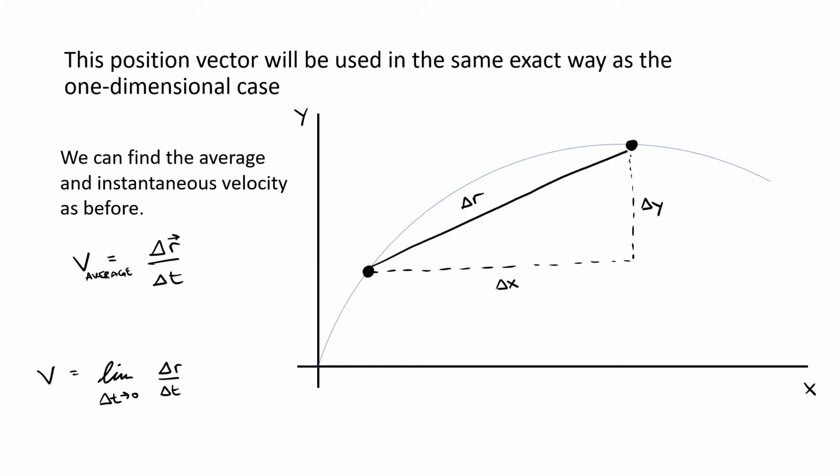So we can use this delta r. We know that it's made of x i hat plus y j hat. We use those two components and we just separate them. Maybe I could show that a bit more clearly with an example coming up.